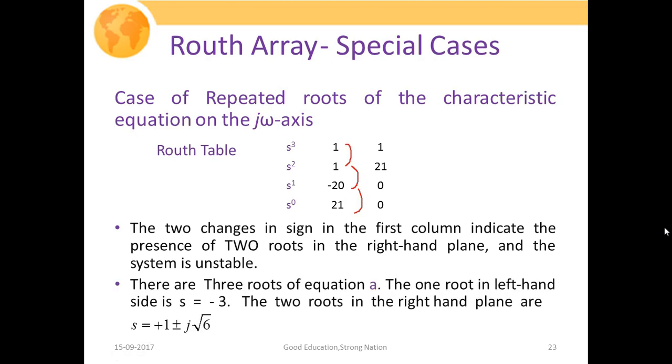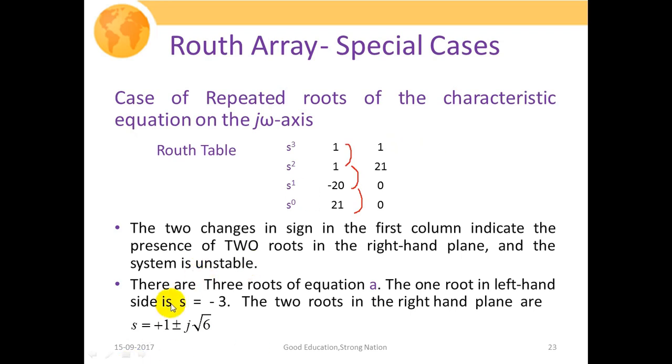So on complete analysis of the system, we could say that there are three roots of equation A. One root in the left hand side, that is s is equal to minus 3, and the two roots in the right hand side of the plane, that are s is equal to plus 1 plus minus j root 6. This is actually the complete solution of the equation number A. s cube plus s square plus s plus 21 is equal to 0.